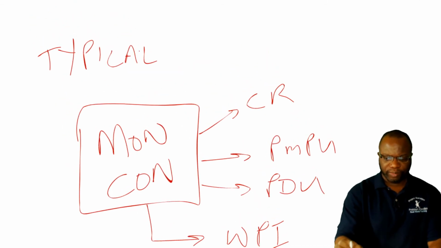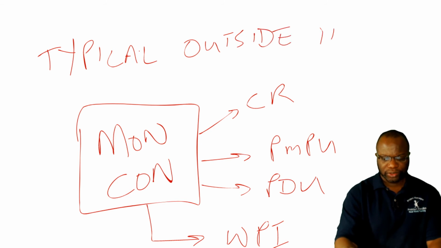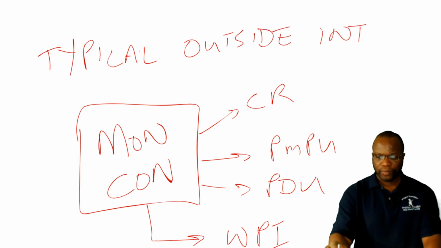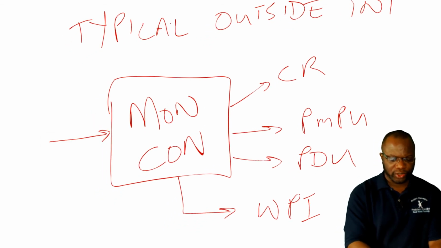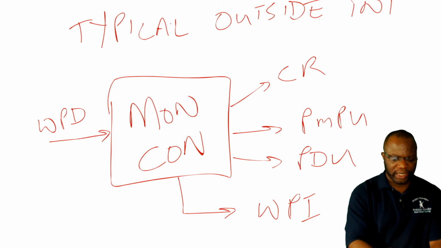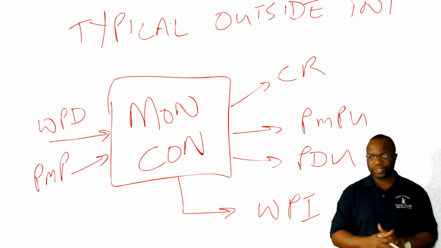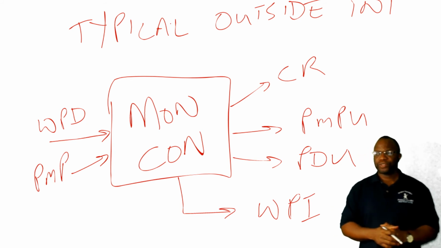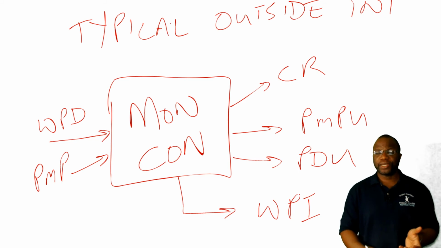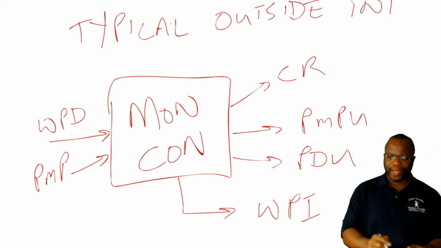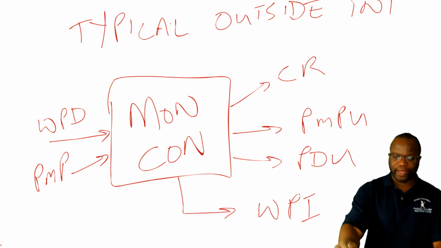And I'll just say typical outside integration. Just be aware of that, okay? And again, typical outside of integration, you have work performance data going in, you have project management plan going in, typically, all right? So as you take a look at all the monitoring and controlling processes outside of integration, look for the commonalities. I'm not saying it's all of them, okay, but it's the majority of them.